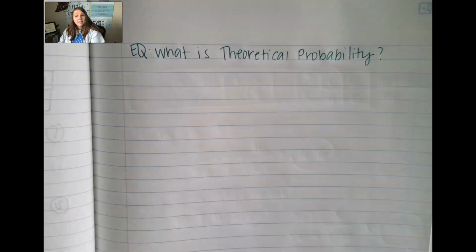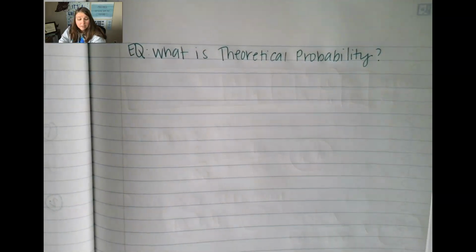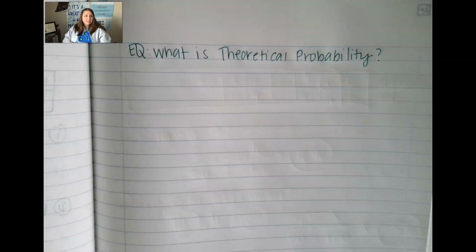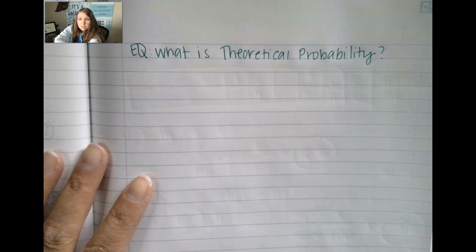We're going to be making another fraction today, but theoretical probability is a fraction of favorable outcomes over possible outcomes. So we're going to have to look back and remind ourselves what favorable outcomes are, just so that we remember what that is. So theoretical probability, let's go ahead and write out our definition for today.